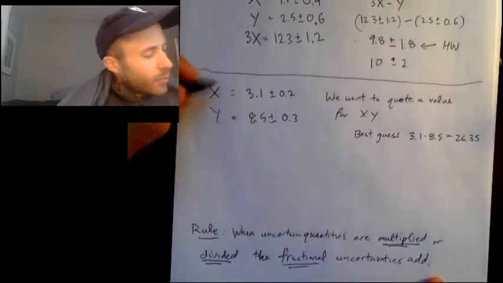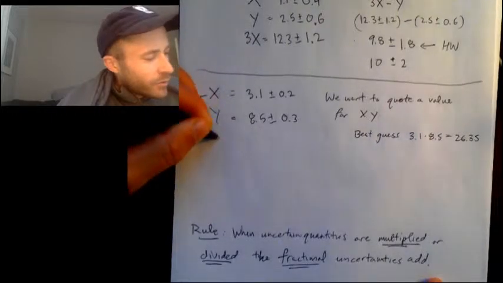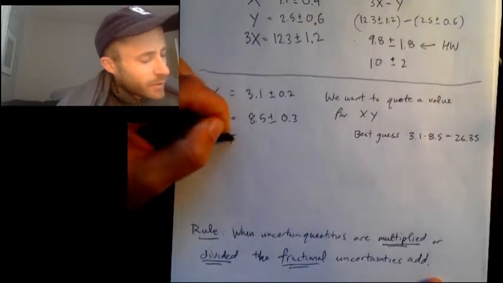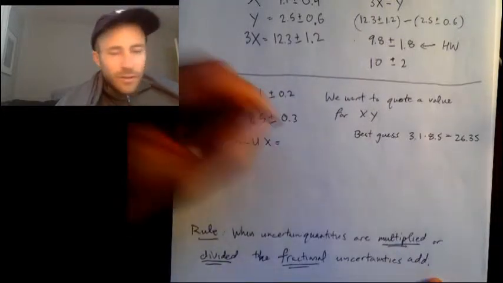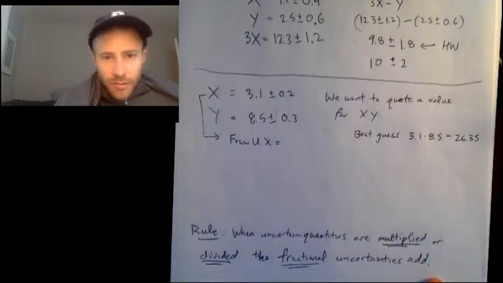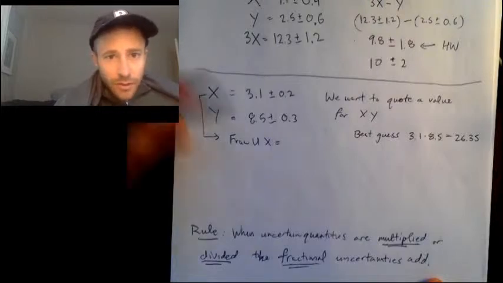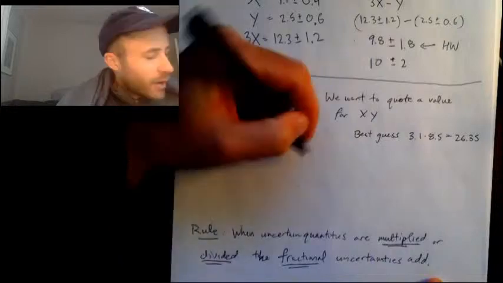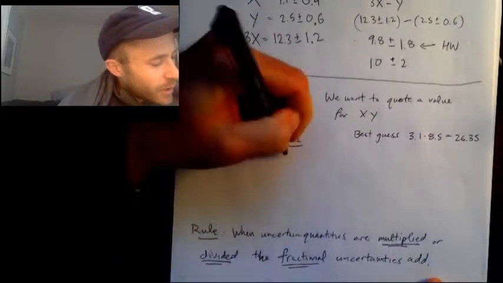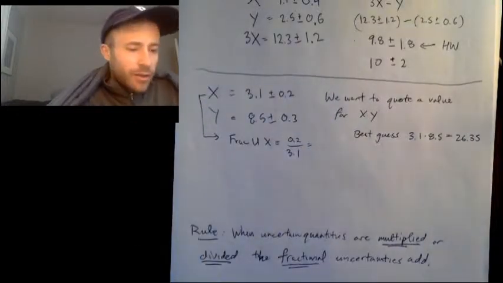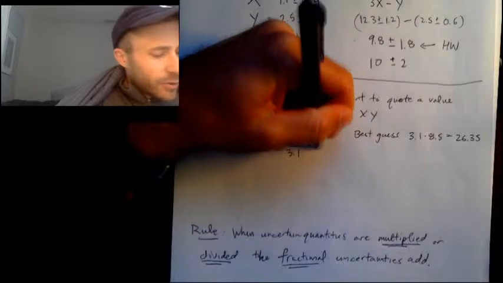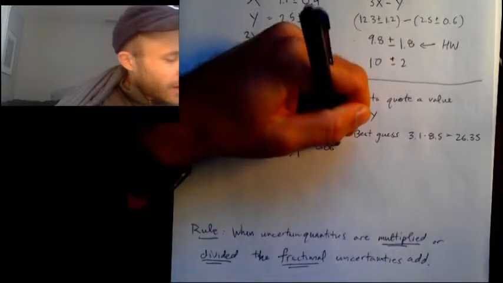So what I'm going to do is I'm going to go ahead and compute the fractional uncertainty in x. That's going to be, remember, the definition of fractional uncertainty is absolute uncertainty divided by the value. So 0.2 divided by 3.1. So the fractional uncertainty in x is going to be 0.2 divided by 3.1, 0.065.